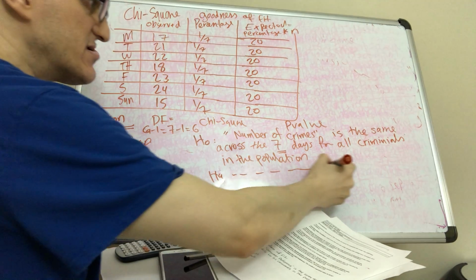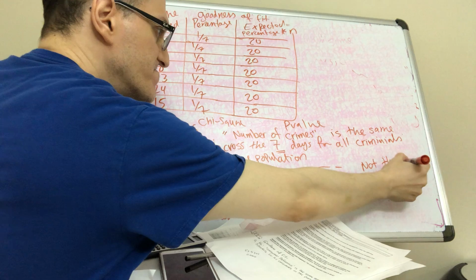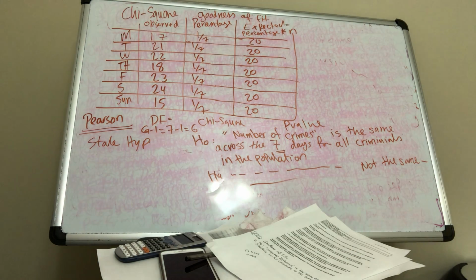HA would be the same, but instead of same, not the same. This is how you would state the hypothesis for goodness of fit.